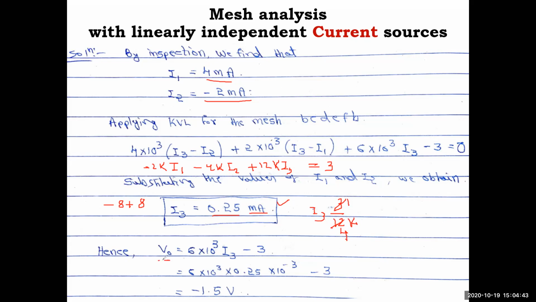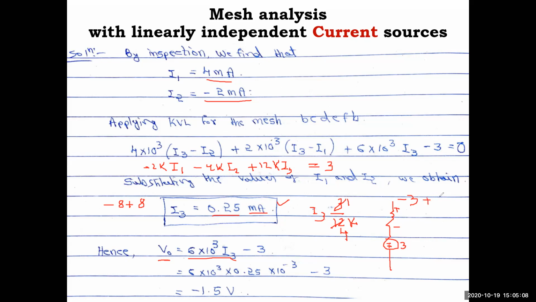So just the branch current. What do you have there? 6 into 10 to the power 3 times I3, because in the last circuit there is a 6 kilo ohm, and you have the minus plus voltage, right? So this may be plus minus, we will be writing. If you apply Kirchhoff's voltage law, it is minus, here 3 is there. Normally we will take minus 3, and this minus plus will come.